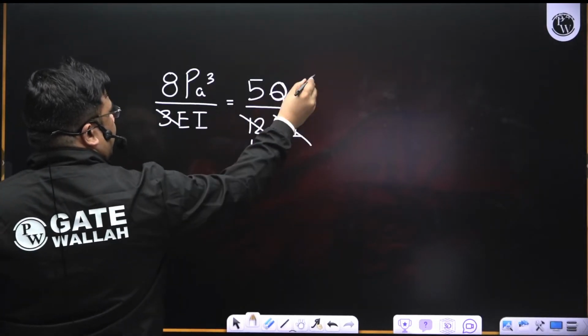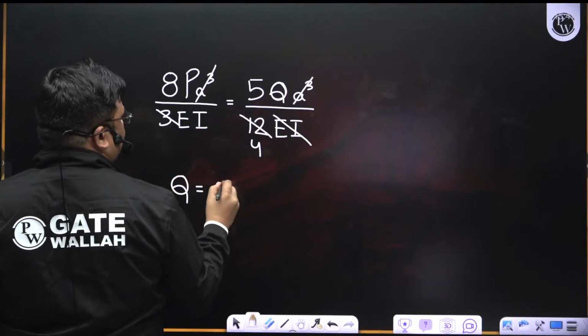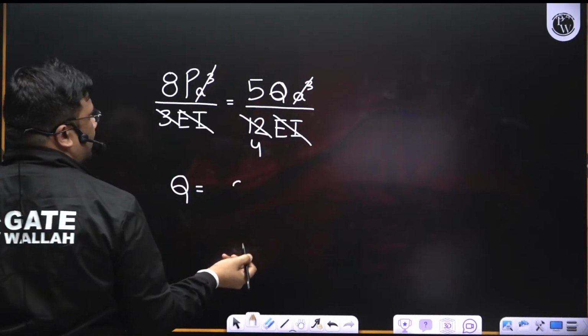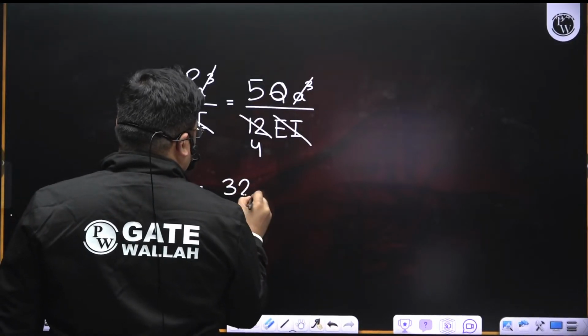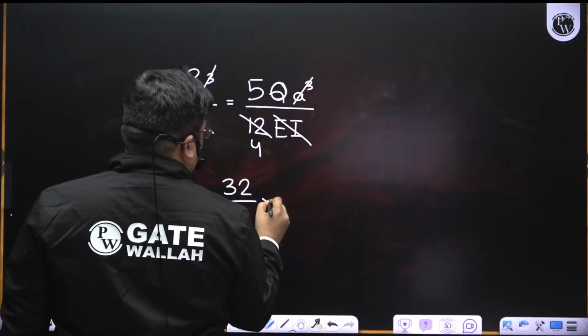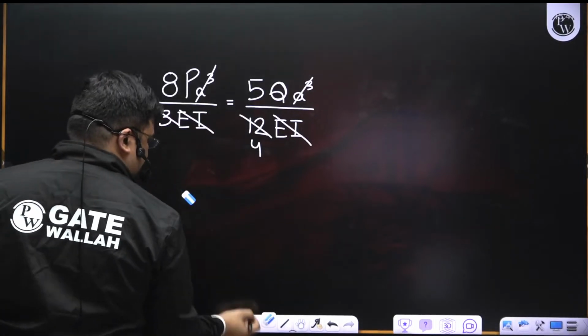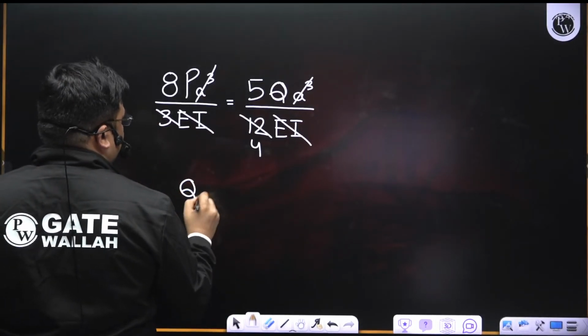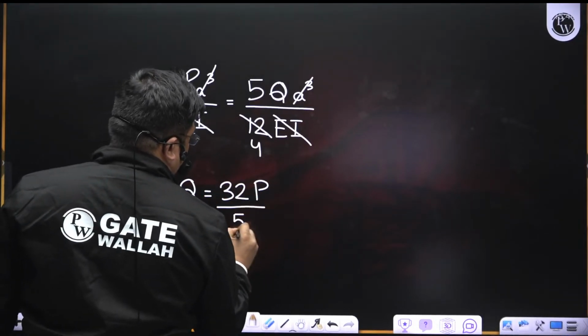This A cube gets cancelled, and Q becomes equal to 32 by 5 into P. Q becomes equal to 32 into P by 5.